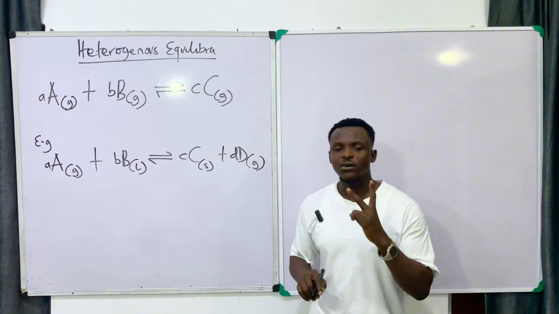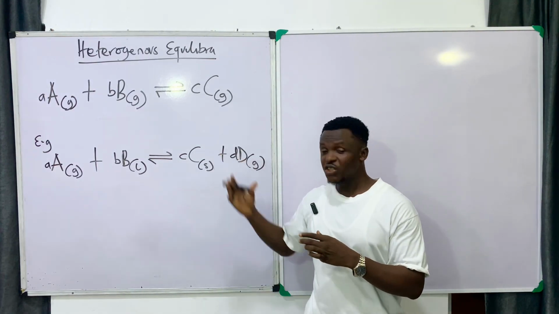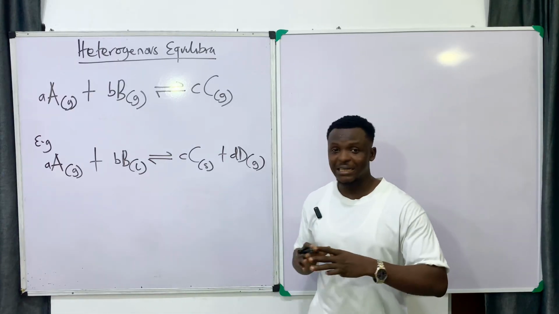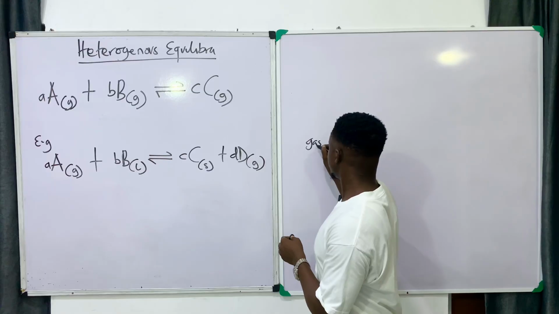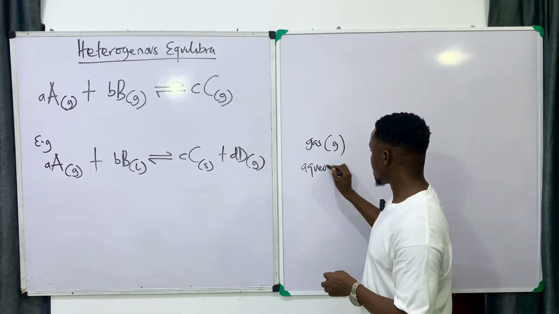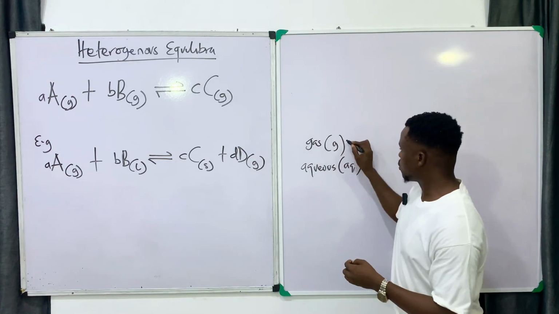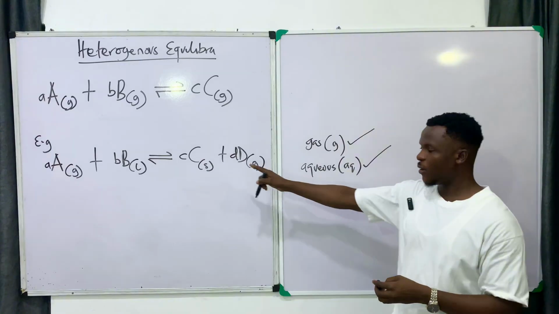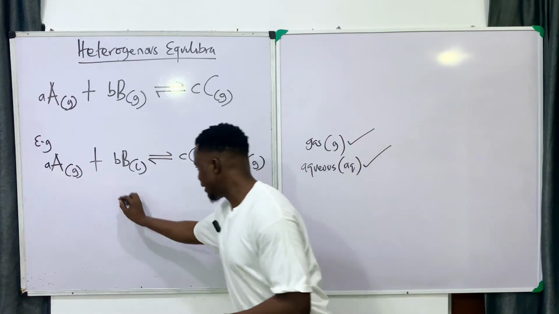The only two states of species that can take part in the equilibrium constant expression are gas or aqueous. These are the two that take part in the equilibrium constant expression. That is for Kc.